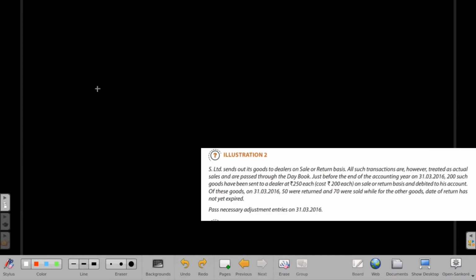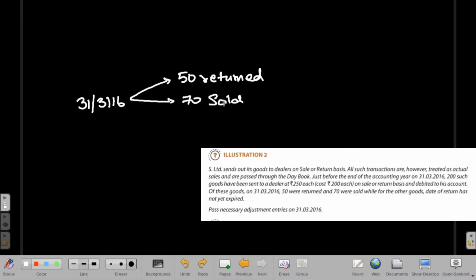Now, at the end of the accounting year on 31/3/16, 50 goods were returned by the customers and 70 were sold, which means 70 goods were accepted by the customers. So out of the total goods, which is 200, 50 were returned and 70 were sold. So for the balance 80 goods, there is no information given.